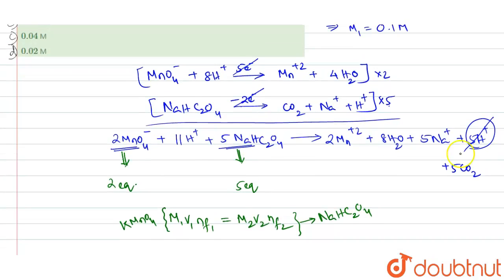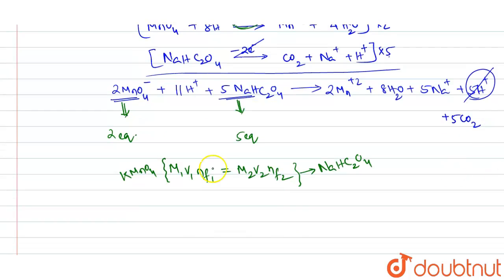Now in KMnO4, as we can see, the KMnO4 is gaining 5 electrons, so the N factor for this one will be 5, and the NaHC2O4 is losing 2 electrons, so this NF2 will be equal to 2.